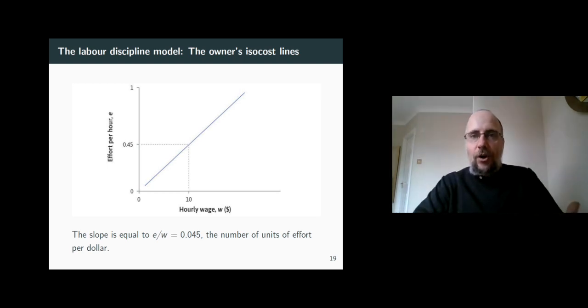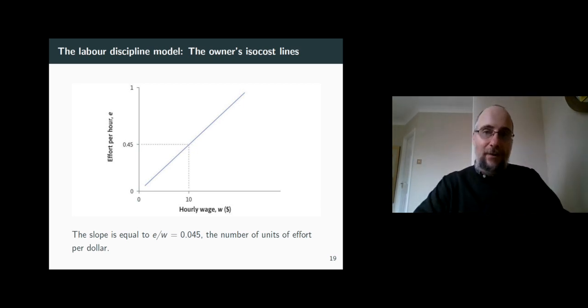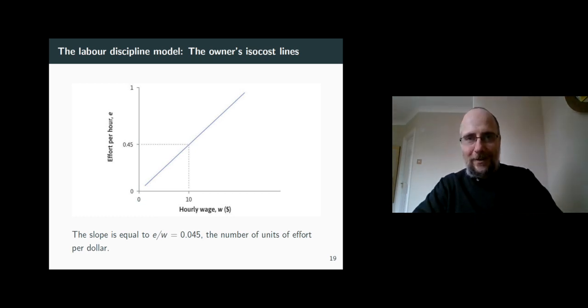And then the cost per unit of effort on that line is exactly the same. We call these lines that elicit the same costs per unit of effort and the same effort per dollar of compensation the isocost lines for effort. In this line in particular, we have an effort of 0.045 for each dollar of compensation.